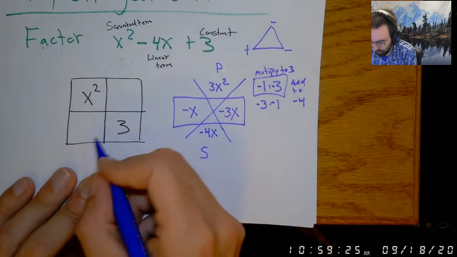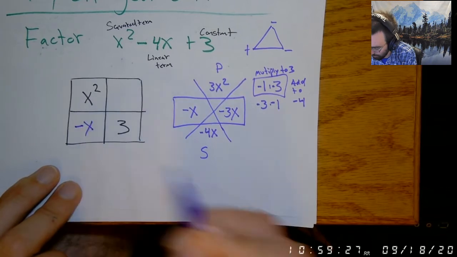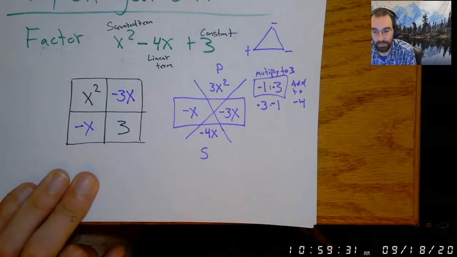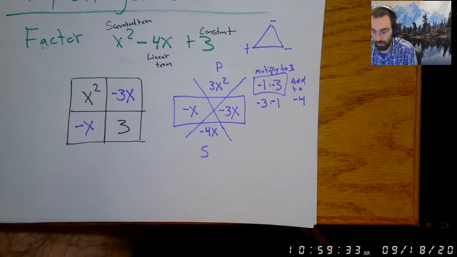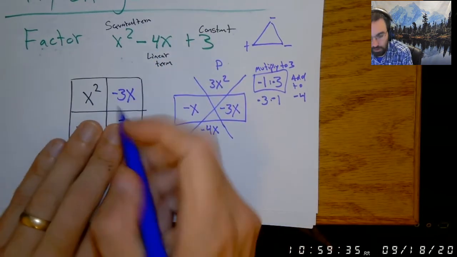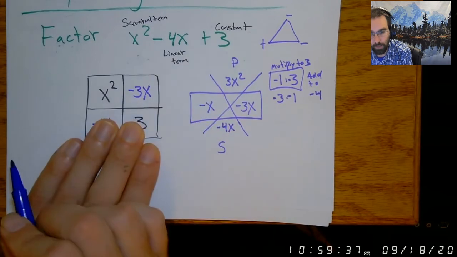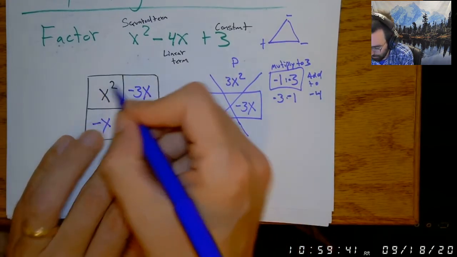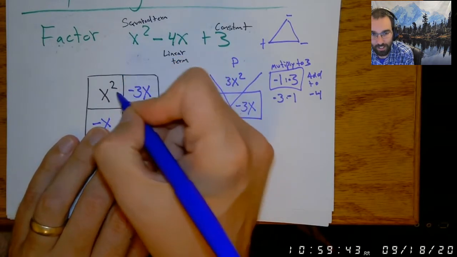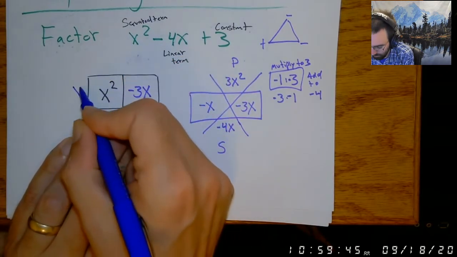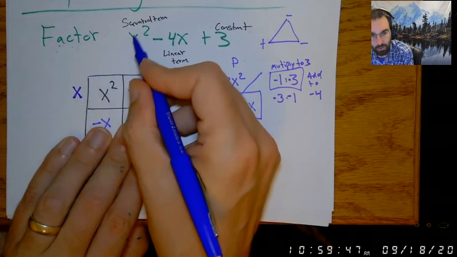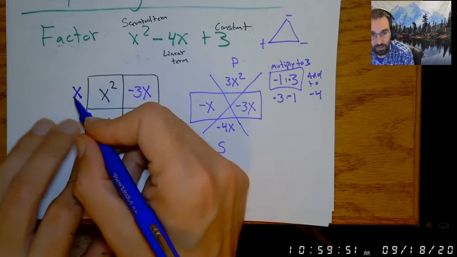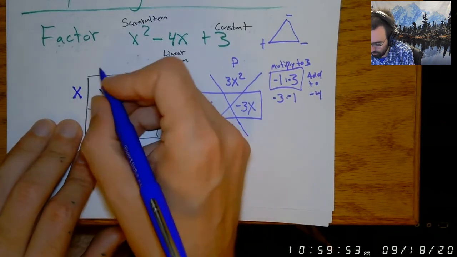So I'm going to take these and put this over here. It doesn't matter where I put it. So again, it's easiest just to look at this top one. What do they have in common? I'm starting to see a pattern. When this number is 1, this is almost always going to be x. So x times what gives me x squared?